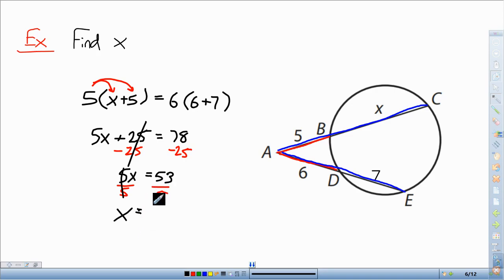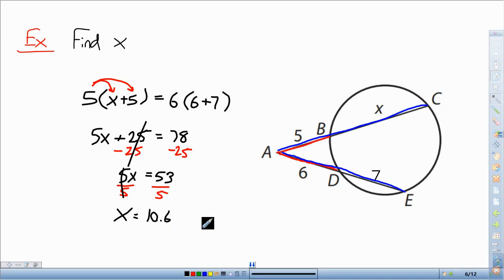I could leave that as a ratio, as a fraction, but I'm going to ask that you guys actually divide these and get a decimal so we can get a number that actually makes sense. So 53 divided by 5 is going to give me a 10.6. Okay, and by the way, when we do these, we'll continue to round to the nearest tenths, but there's no other numbers past this, so it's just going to say 10.6.